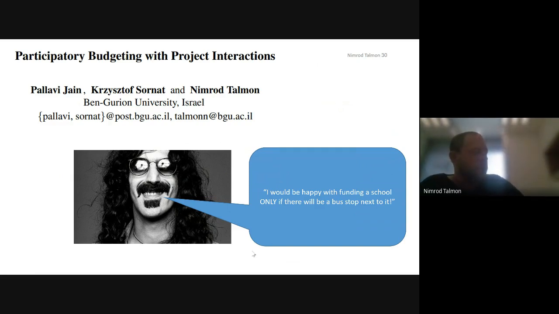And so this means that there is some relation or synergy or dependence between projects in the participatory budgeting process. And we try to formalize this notion and to see whether we can come up with good algorithms that take these relations between projects into account.